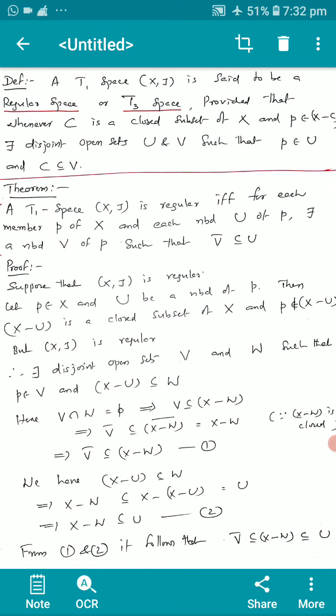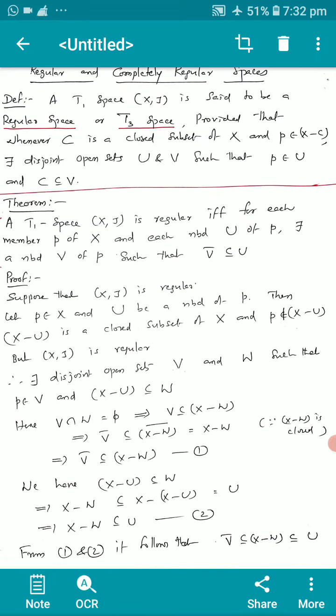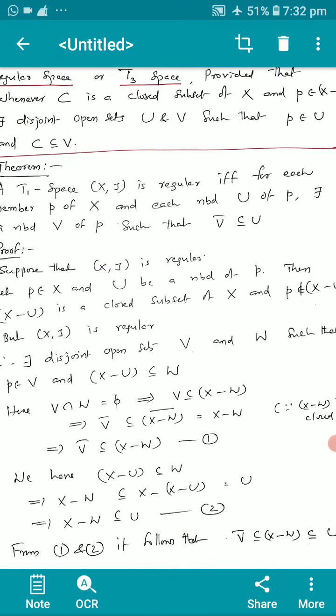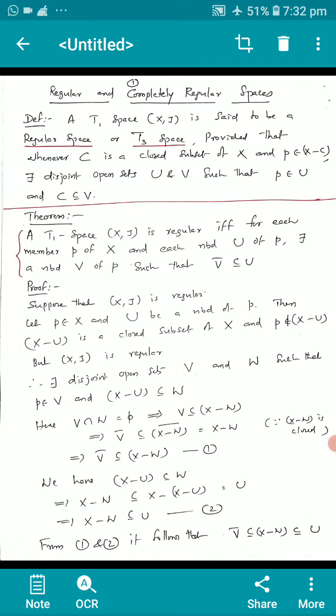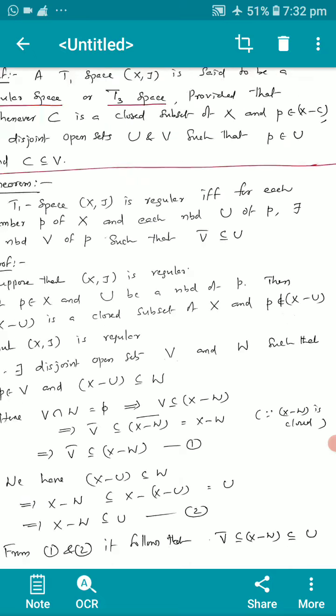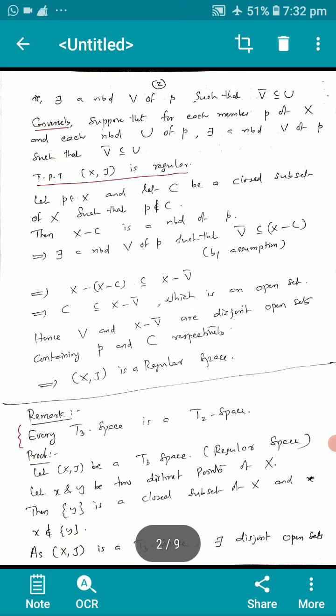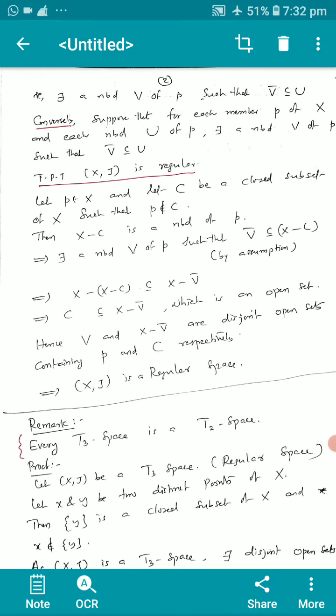We have X minus U is a subset of or equal to W. This implies X minus W is a subset of or equal to X minus (X minus U), that is U. This implies X minus W is a subset of or equal to U. It is the second result. From 1 and 2 it follows that V bar is a subset of or equal to X minus W, which is a subset of or equal to U. That is, there exists a neighborhood V of P such that V bar is a subset of or equal to U. This is the first part.